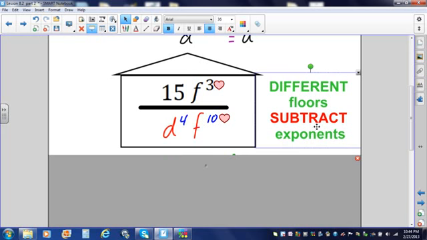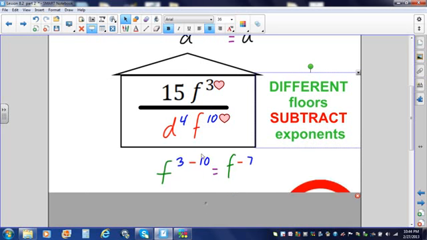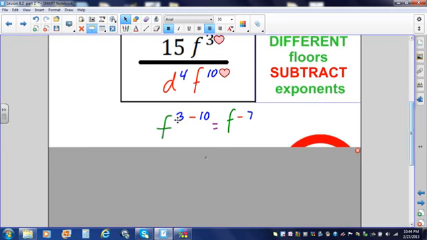If I have different floors, subtract the exponents. Same base, both f, but they're on different floors. So I subtract the exponents. So I'm going to do f 3 minus 10. When I do 3 minus 10, that gives me f to the negative 7.